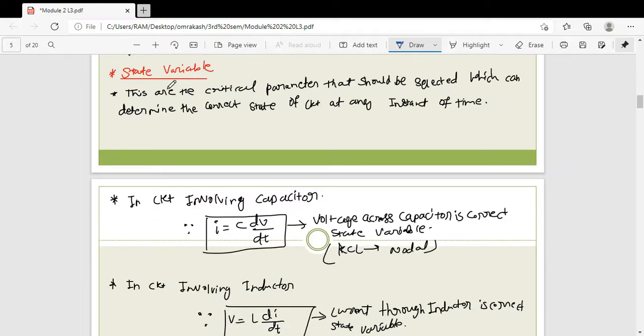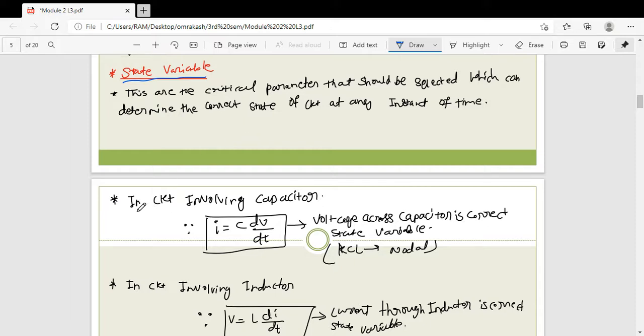Now see the state variable. What do you mean by state variable? This is an important point, because of this we are going to solve the problem in time domain analysis. So first of all, we identify in the circuit what state variable is given to us, right?